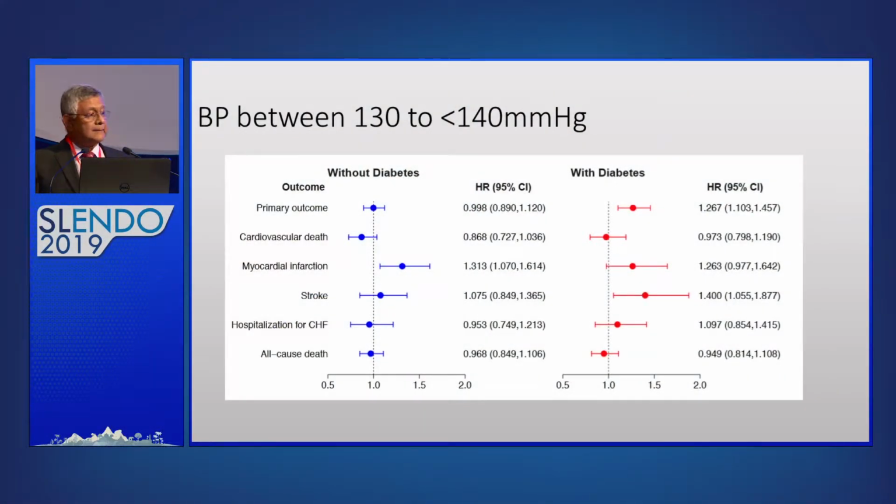But in diabetics, the primary outcome and the cardiovascular outcome were very bad. That means keeping the blood pressure even between 130 and 140 can increase the cardiovascular incidence in diabetes.